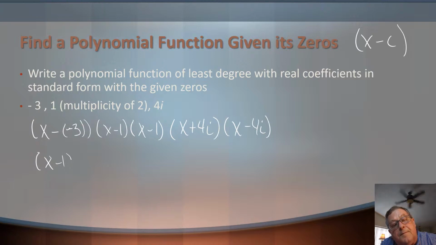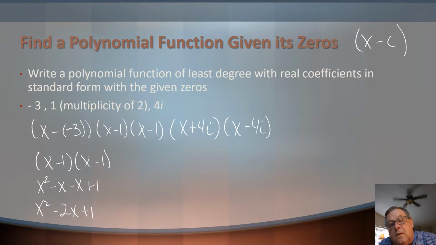Let's foil that. x times x is x squared. x times -1 is -x. -1 times x is -x. And -1 times -1 is +1. When we combine like terms, we get x squared minus 2x plus 1. Let's hold on to that for a moment.